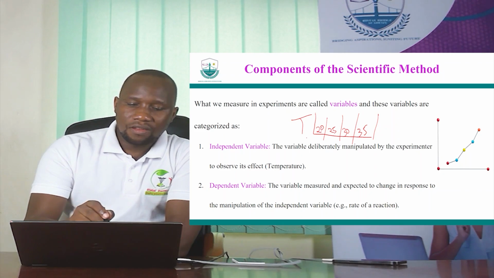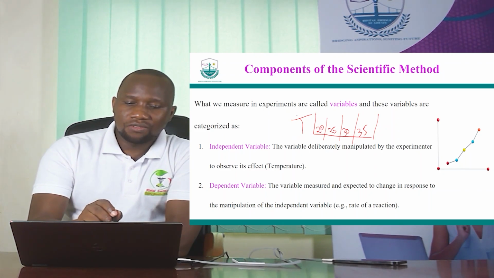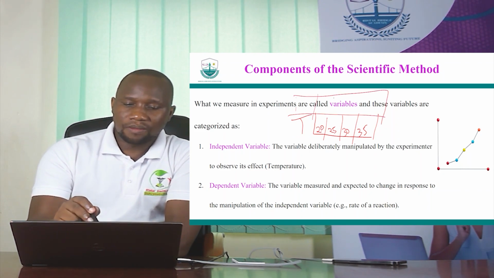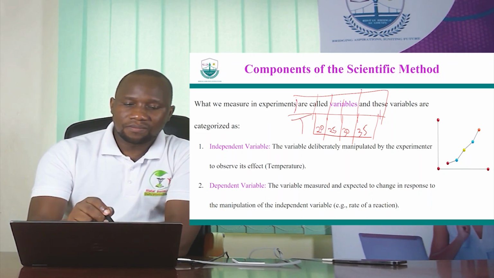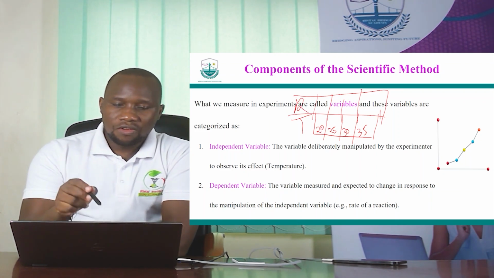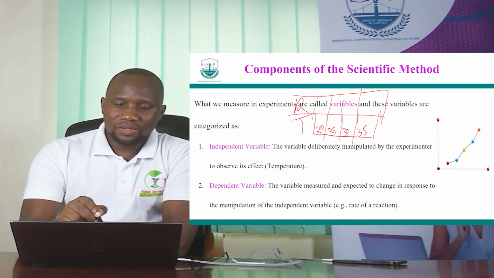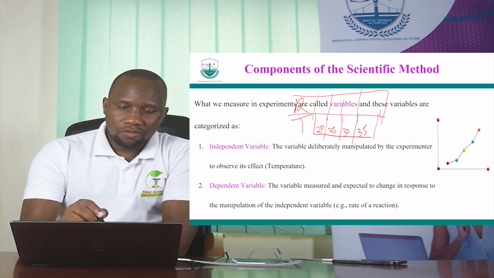And then for every temperature, you check the rate of reaction. Not even the rate of reaction, the products that are coming out of the reaction. So you say, when it was 20, the amount or the volume of the product was 40.